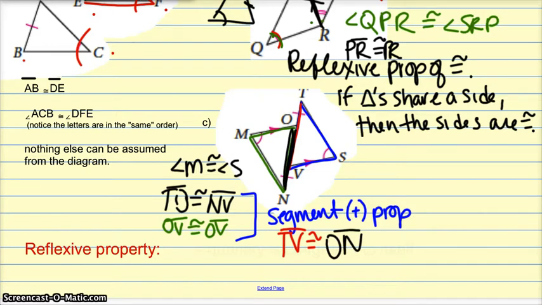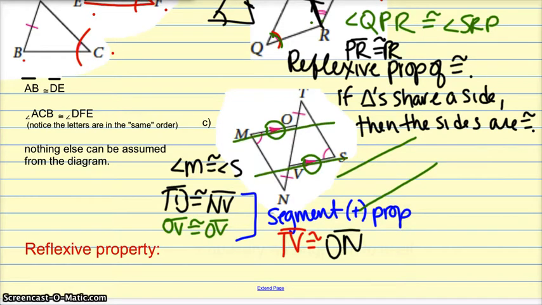A couple other things in this diagram. Think back a little bit to everyone's favorite unit. What do those little arrows mean? They mean that we have parallel lines. So if those lines are parallel, I'm going to redraw it over here. The transversal that's cutting those, this line right here.